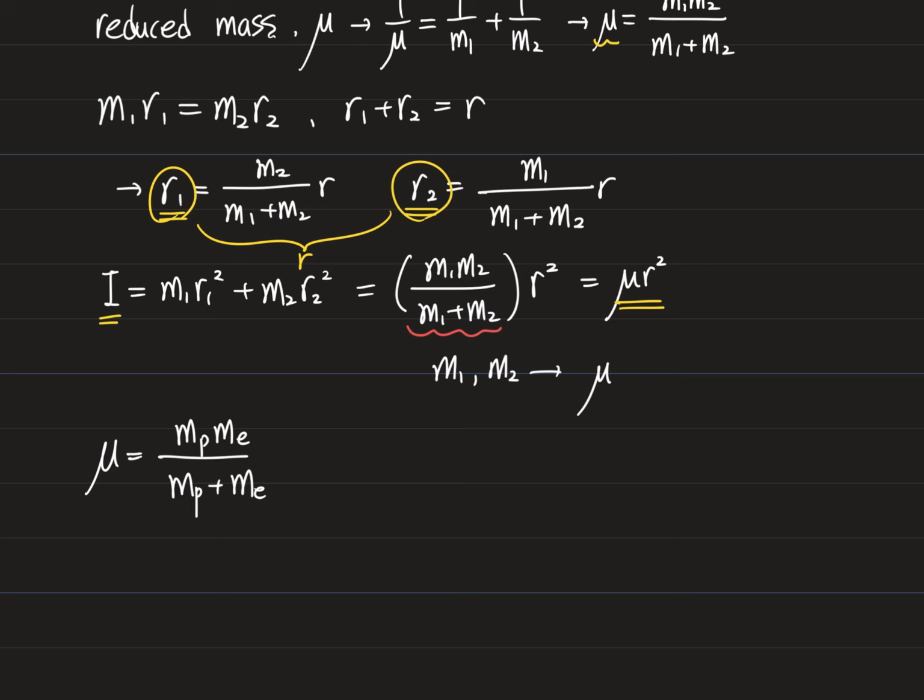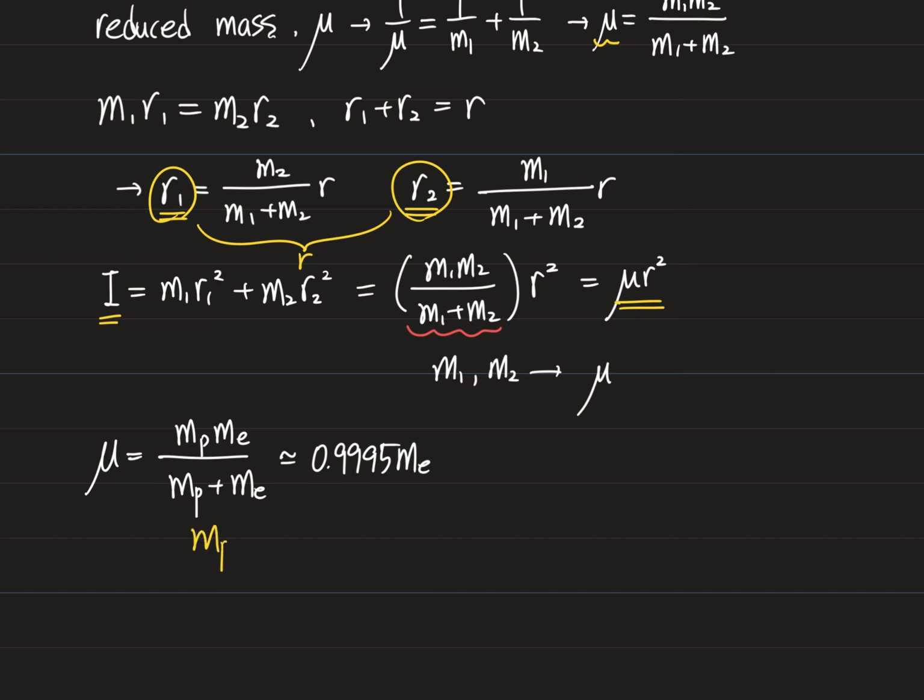When we plug in the values, we find that the reduced mass is approximately 0.9995 of the electron mass. So it is quite trivial, right?